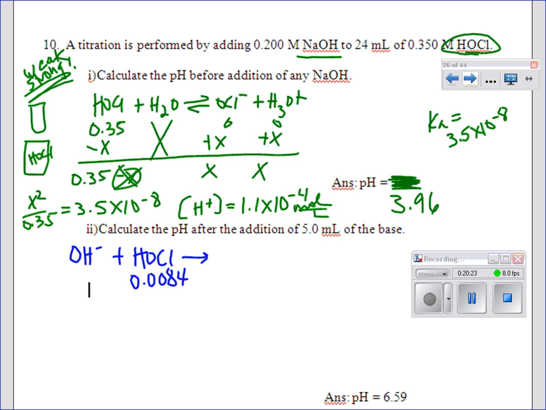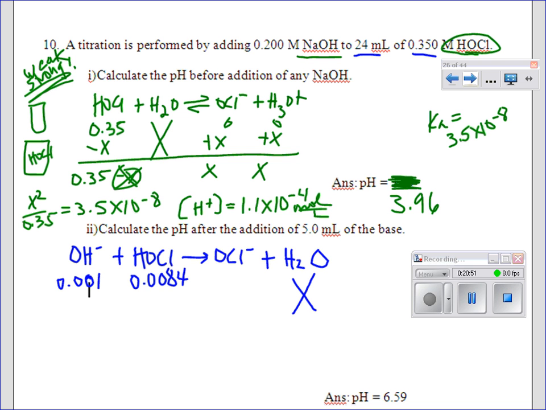0.0084 is what I got. We have 0.350 times 0.024. Now, after 5 mL of base, it's 0.005 times 0.2, so that's 0.001 moles of the base. I should finish the equation: HOCl plus OH minus gives OCl minus plus water.